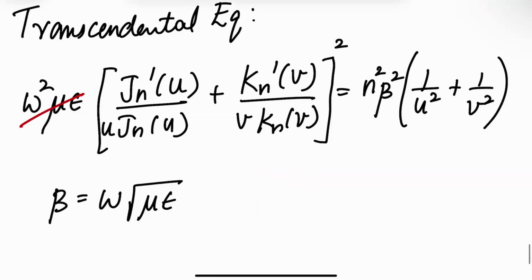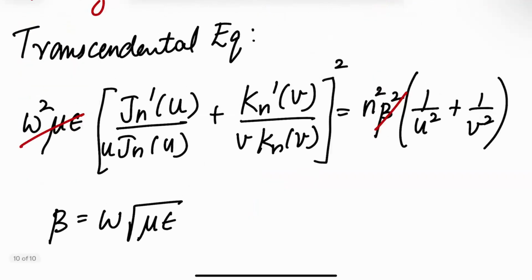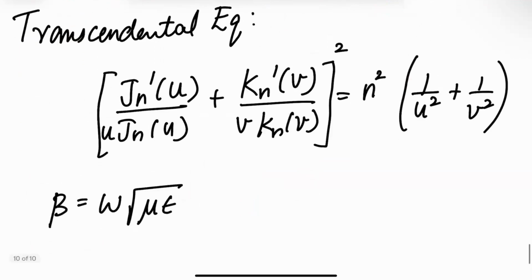So these two terms go away, and you end up with this. I'll put this in a bracket. This also comes from the weakly guiding approximation. Okay, so our transcendental equation now is just this.